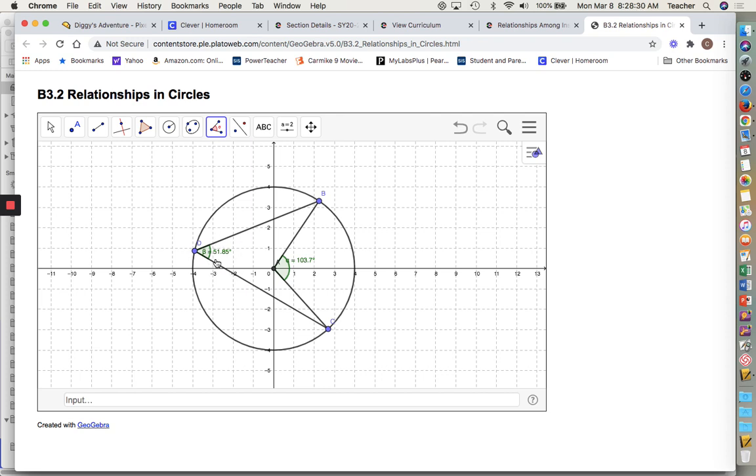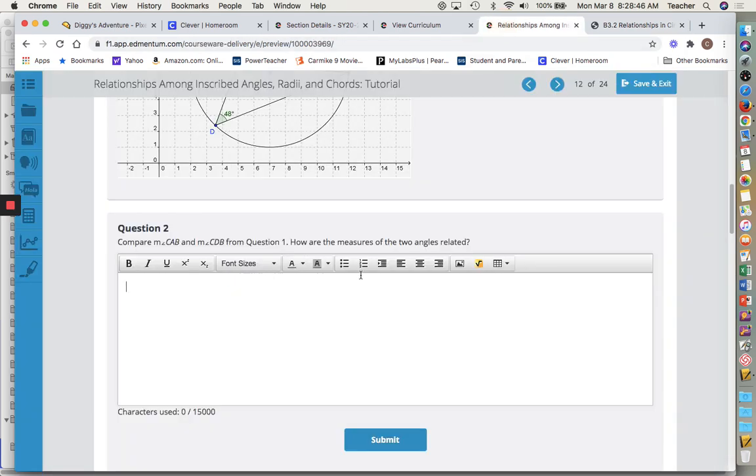An inscribed angle is always half of a central angle. So if you don't believe me, you can take whatever your central angle is, divide it by 2, and that will be your inscribed angle. 103.7 divided by 2 is 51.85. So that's the relationship. Angle CDB is half of angle CAB.